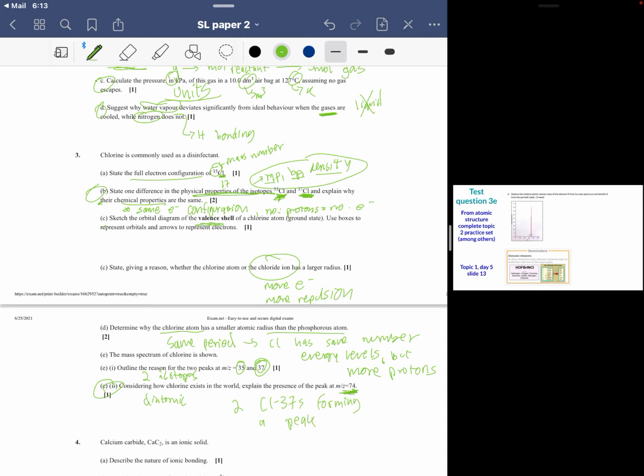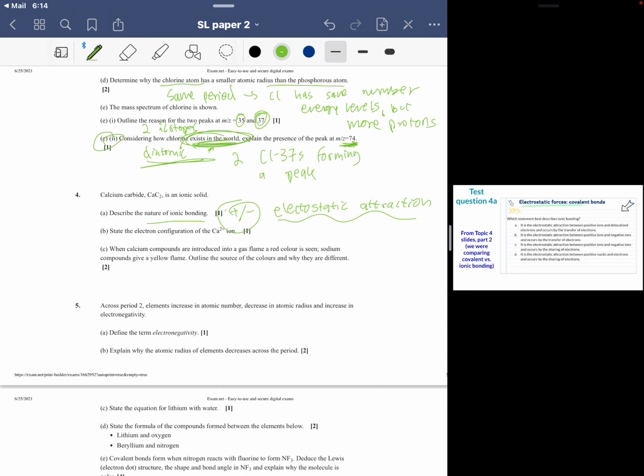And you can see ionic bonding: electrostatic attraction between positive and negative ions. You needed to have positive and negative ions, and you needed the words electrostatic attraction here. Again, IB is very particular with definitions. Whenever I give you slides and I'm giving you specific IB language, that's the language that you need to know.